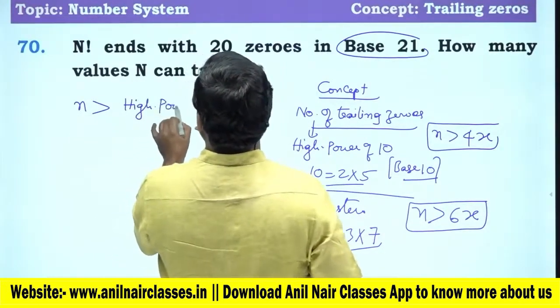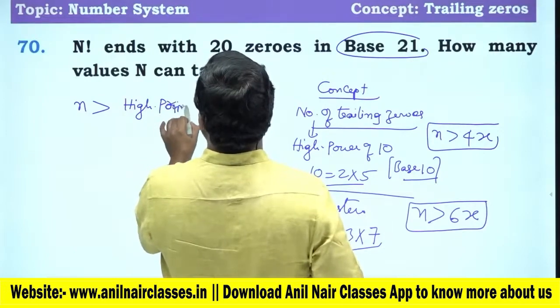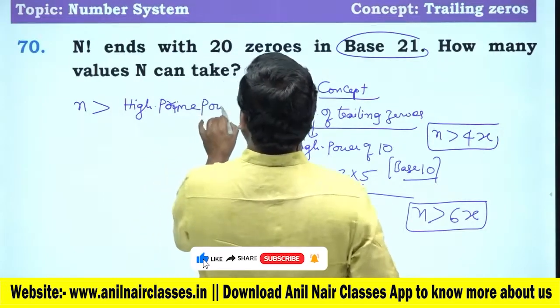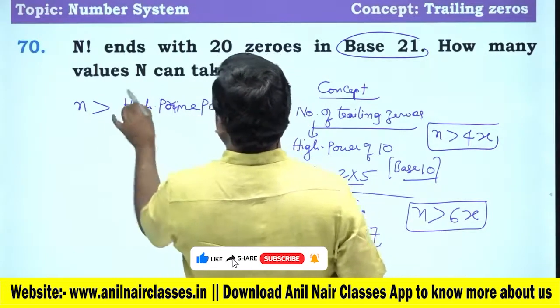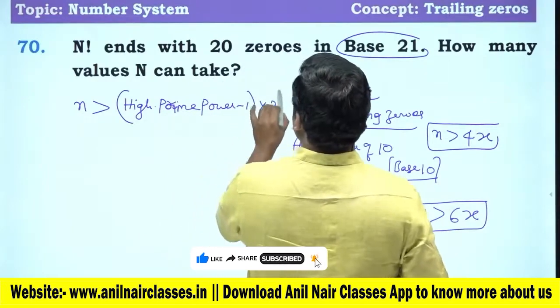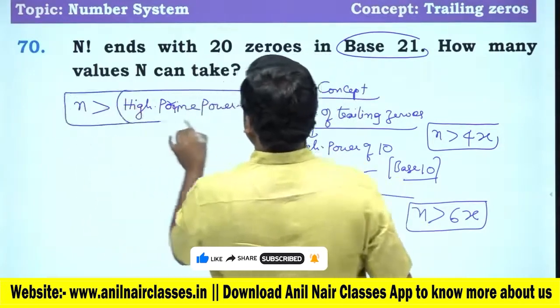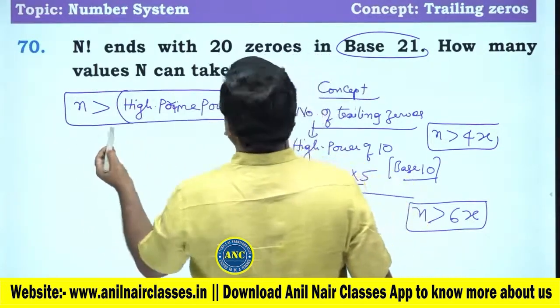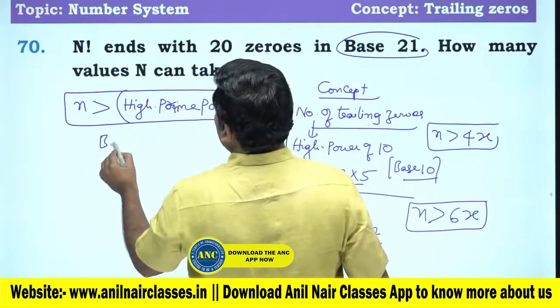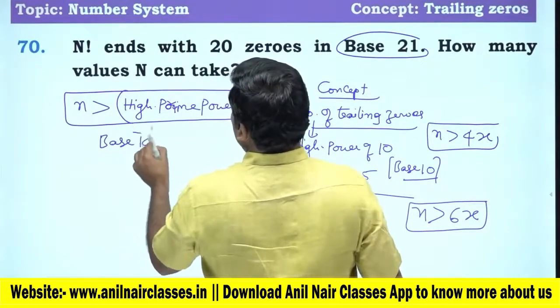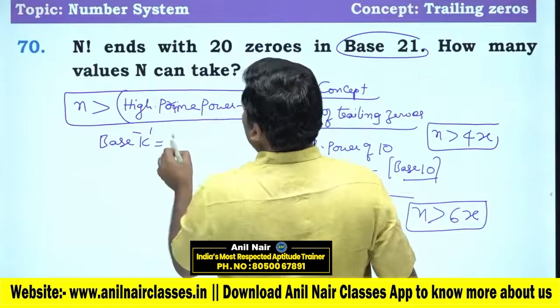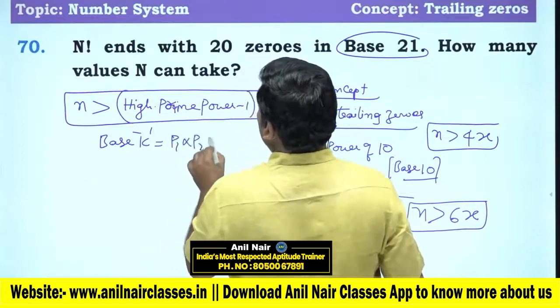So n is greater than (highest prime power minus 1) into x, where base k can be written as P1, P2 and P3.